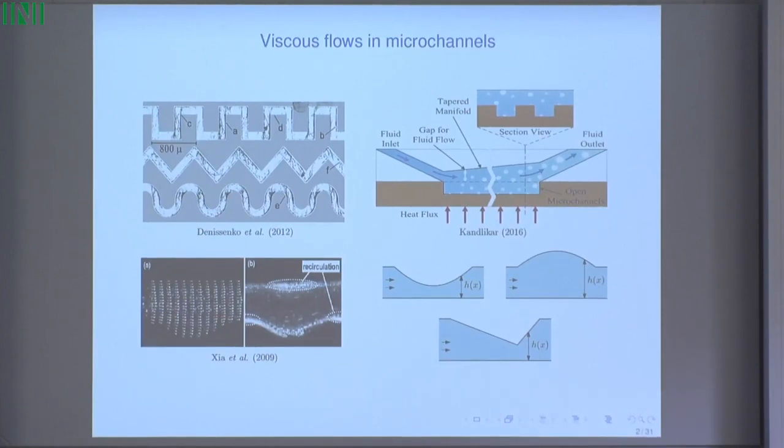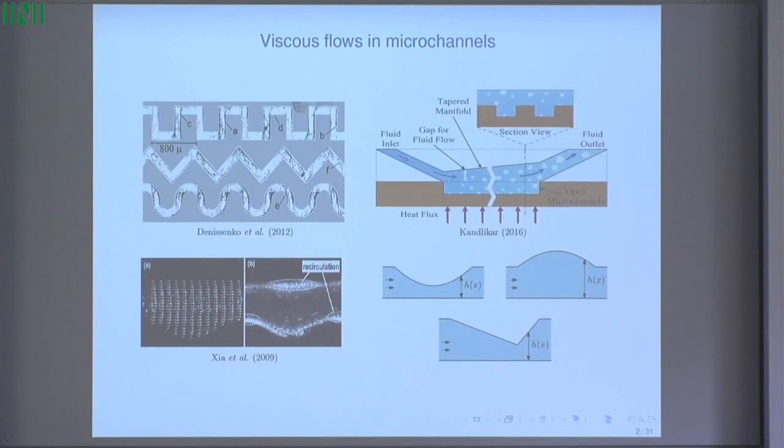Especially, you see that many flows are modeled in channel geometries which have a polygonal shape. For example, we're interested in sperm locomotion in the female reproductive tract, and trying to model the shape of this geometry.